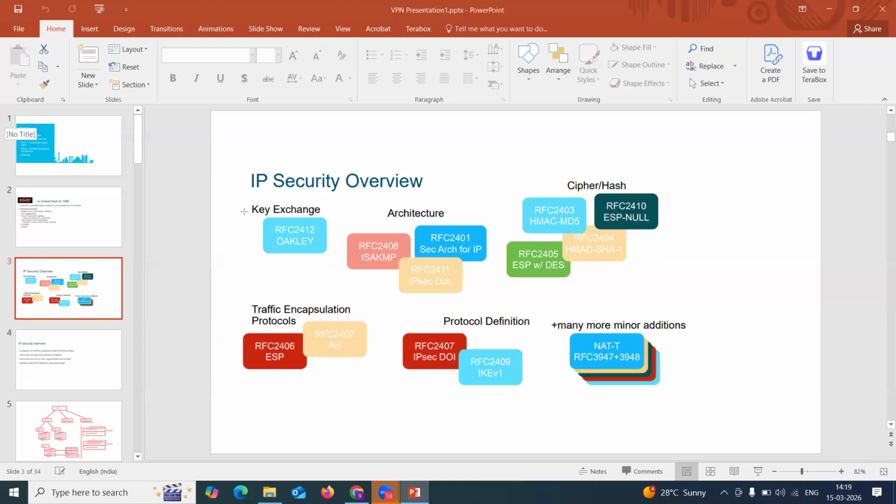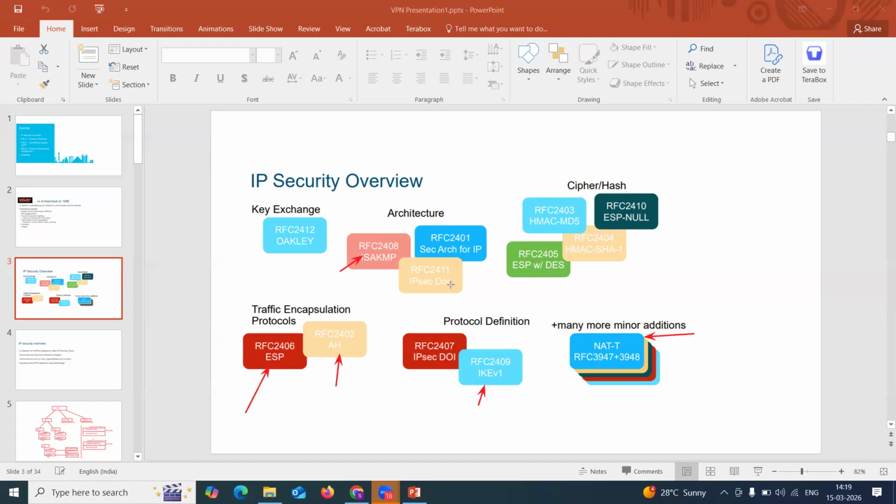In IPsec, multiple RFCs are there. Here you can see a reference number for the ESP protocol, AH protocol, IKE v1, NAT-T, and we have the ISAKMP protocol.